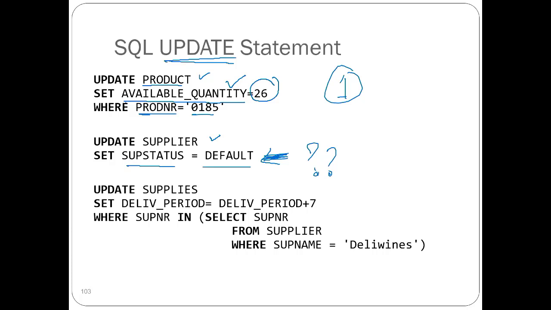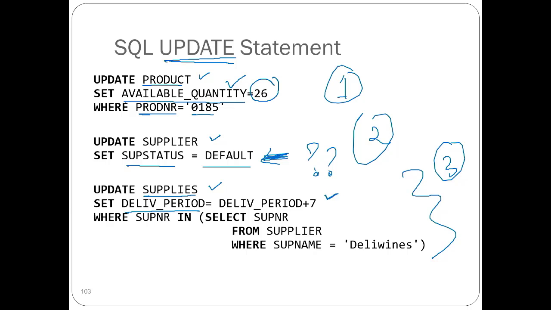How about the third statement here? Well, let me go over that. It's not too complex. We want to update the table supplies, where we want to set the delivery period to be delivery period plus 7, right? But we are doing this only for the supplier number that corresponds to daily wines, right? Seems like something has gone wrong with the supplier daily wines.